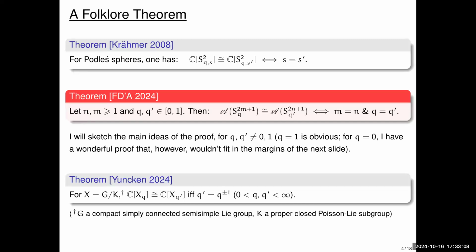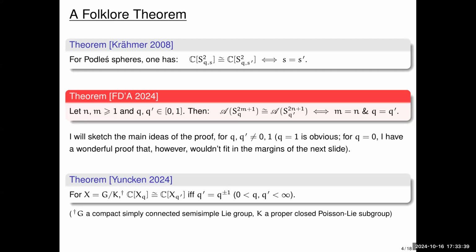Then I was in Cortona in June at the conference when I put this preprint on arXiv, and I was talking with Robert, who was at the conference. He asked me whether it is possible to generalize this to arbitrary quantum spaces. I said maybe it is possible, but my proof is very specific to spheres and it looks very difficult. Then he did it in a couple of months.